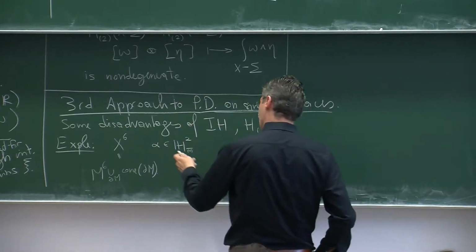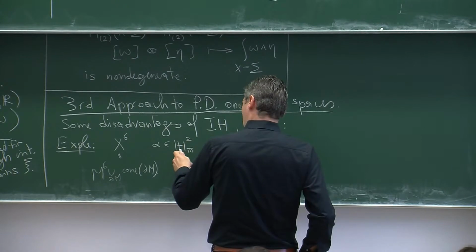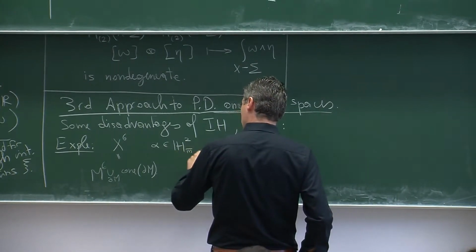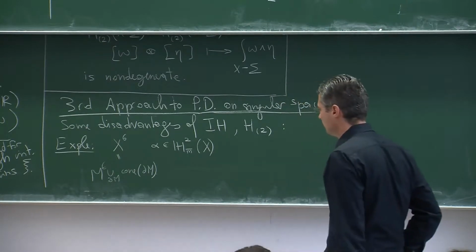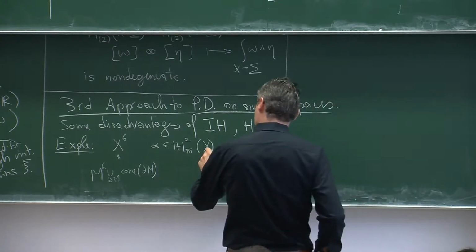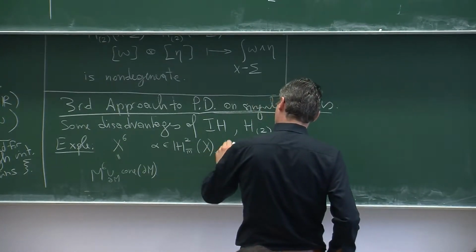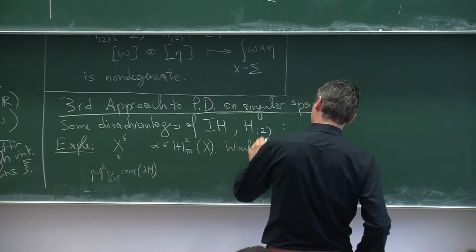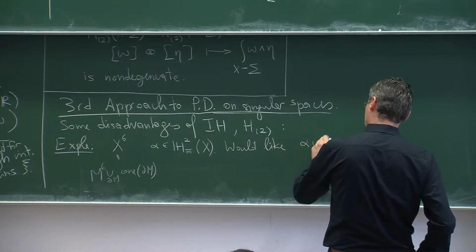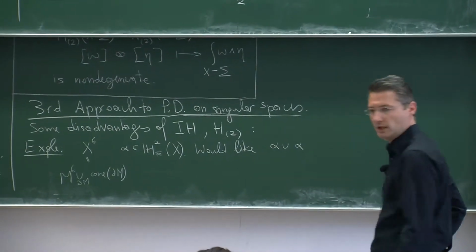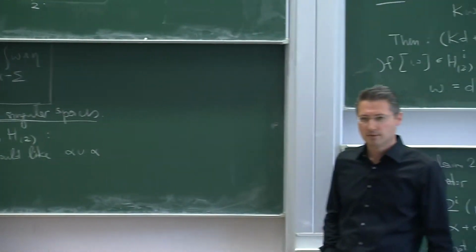Now, suppose I take a 2-dimensional intersection cocycle, and I would like to form a cup product, say with itself, right?